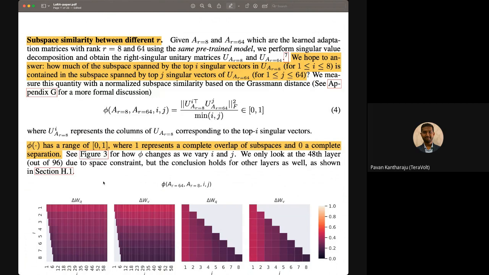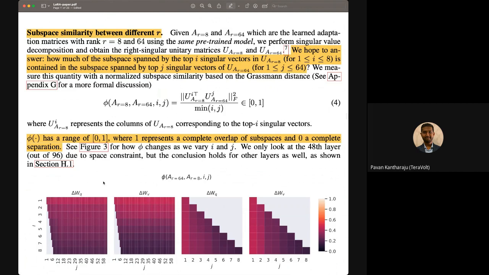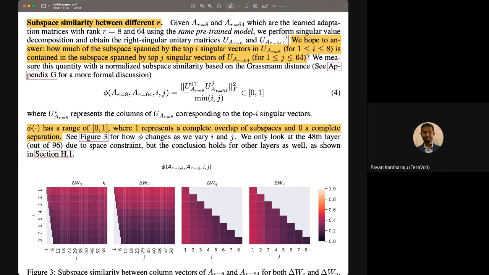The way they do this is that they take A and perform singular value decomposition. They get these singular vectors, and then they use something called Grassmann distance over those singular vectors. And they vary how many singular vectors they see for each of the ranks.